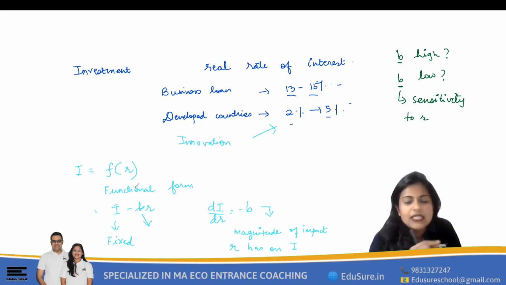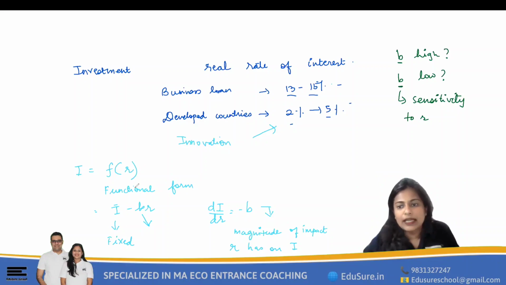The sensitivity is going to be very high. So a small increase in R is going to lead to a large fall in investment. Everybody's clear with this? So this is the simple investment function: investment is a function of I bar minus B into R.